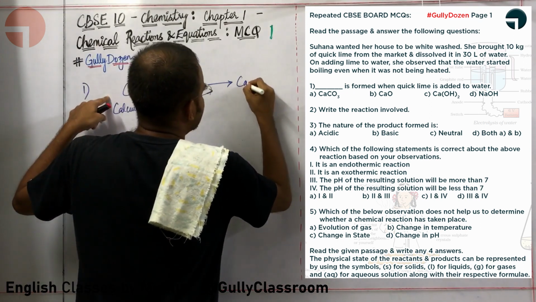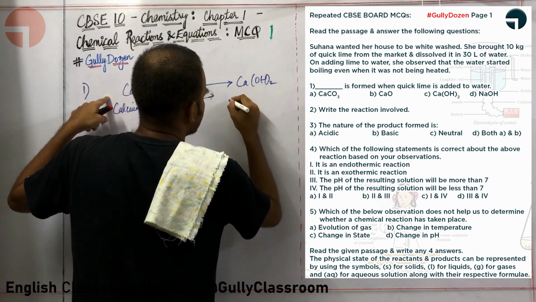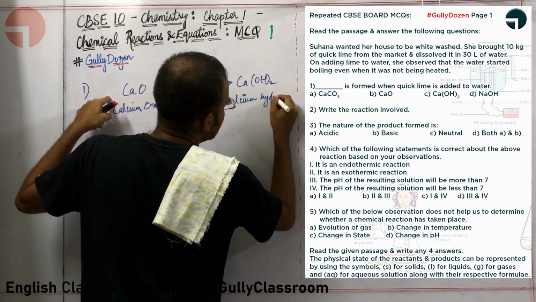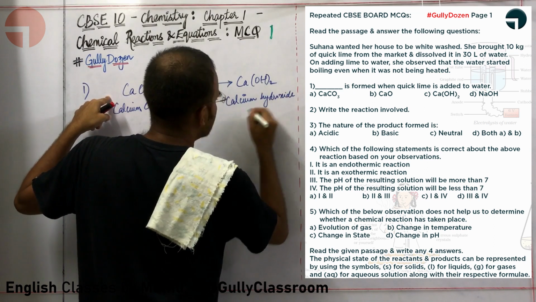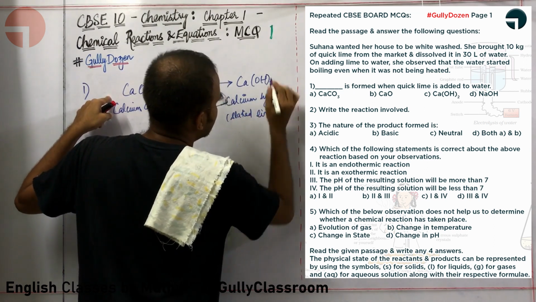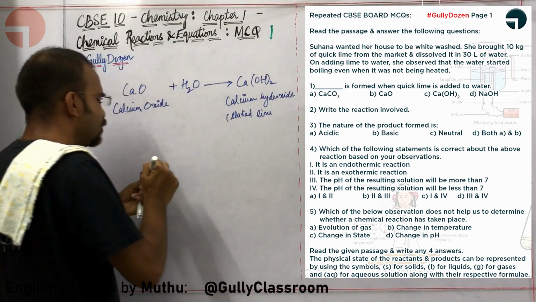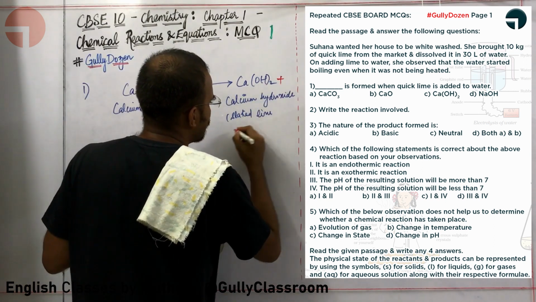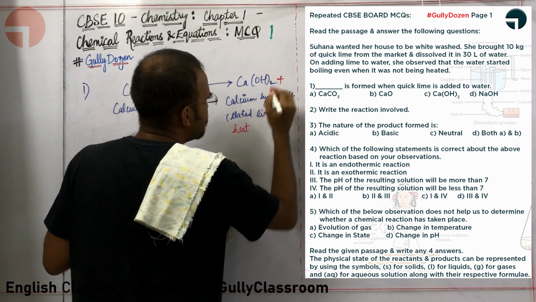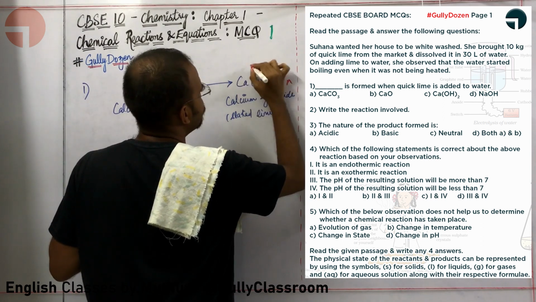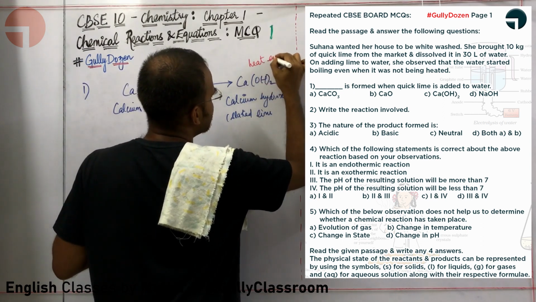You will be getting calcium hydroxide, which is also called slaked lime. But the reaction will not stop here. This is an exothermic reaction, so you will be getting a lot of heat energy.